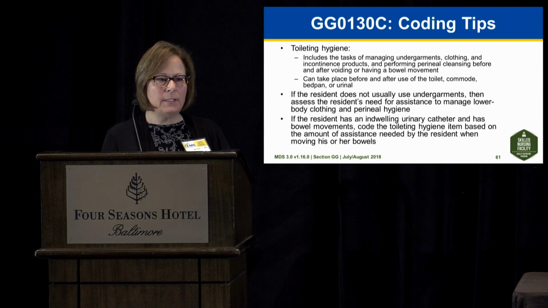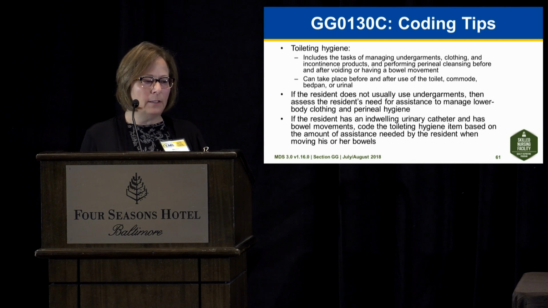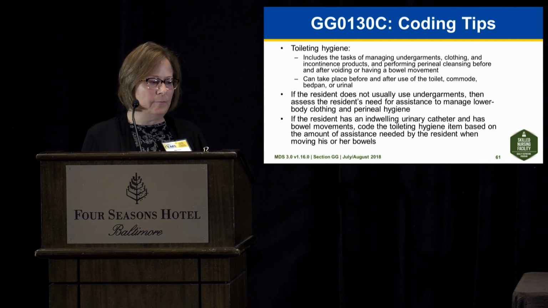Toileting hygiene includes the task of managing undergarments, clothing, and incontinence products and performing perineal cleansing before and after having a bowel movement. It can take place before and after use of the toilet, commode, bedpan, or urinal.